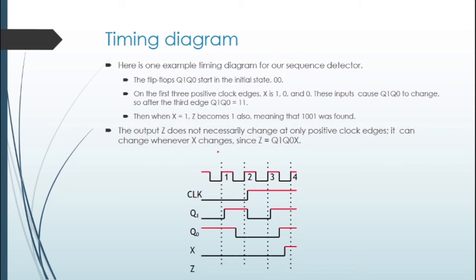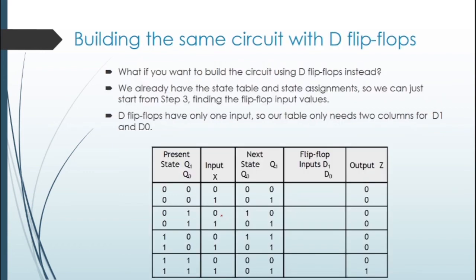That's where the output changes, and that's where we change the state of Q1 and Q0. The output Z does not necessarily change only at the positive clock edge, it can change whenever X changes, since it is dependent on Q1, Q0 and X. So if X changes, Z will change as well.